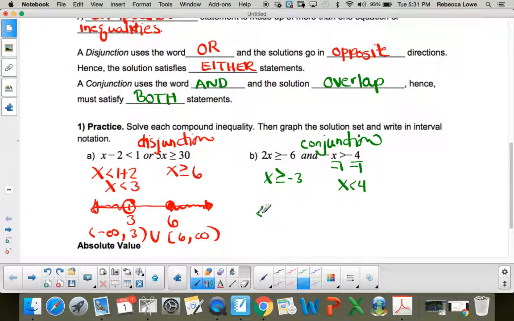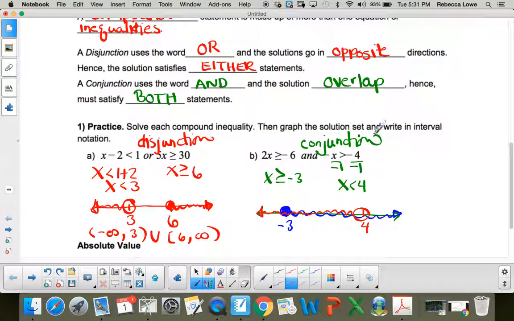So now we're going to graph this, and I'm going to do 2 different colors so you guys can see the overlap. X is greater than or equal to -3. Well, here's -3, closed circle, and the shading would be to the right. Versus x is less than 4. 4 is somewhere over here, open circle, and the shading would be to the left.